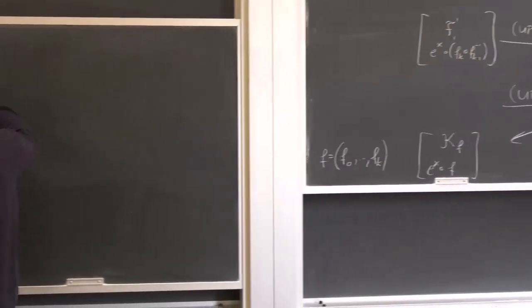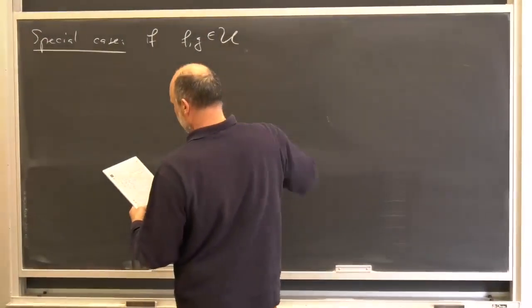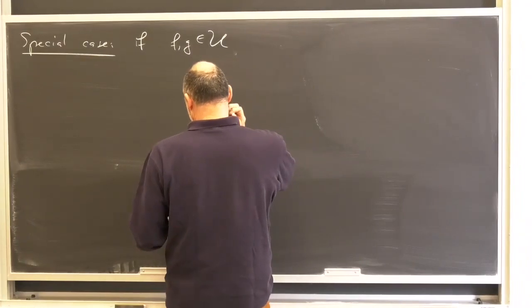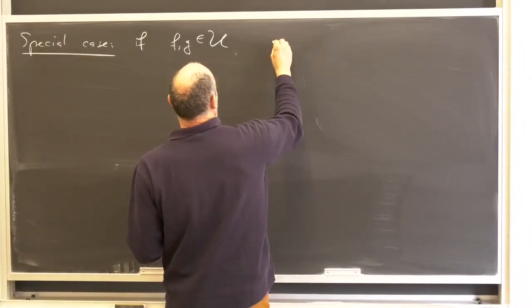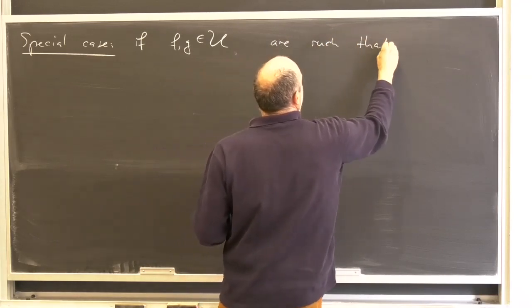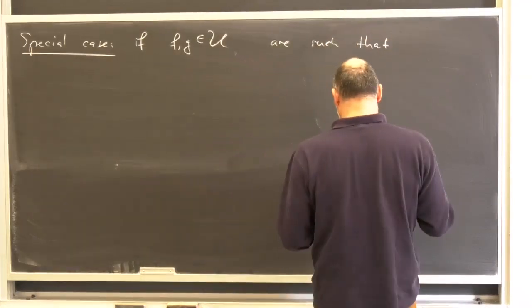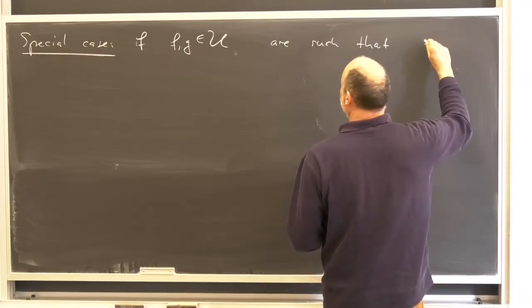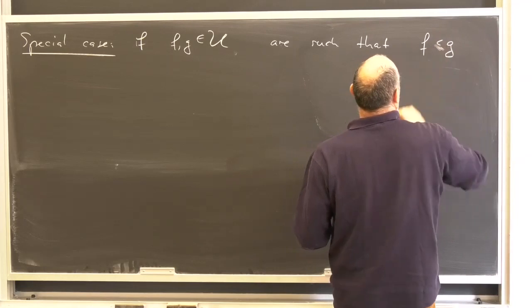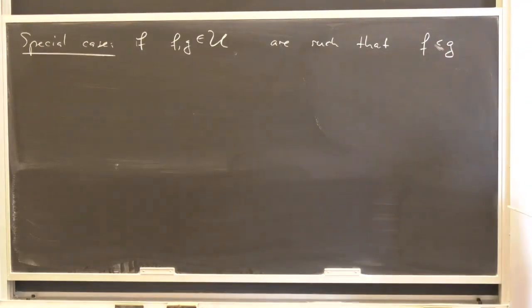So if they're in U, well, they're simple. So this corollary applies. Let's say, to get the inequalities right, f is the smaller one. I guess strictly smaller is good enough. Interested in it when they're the same.